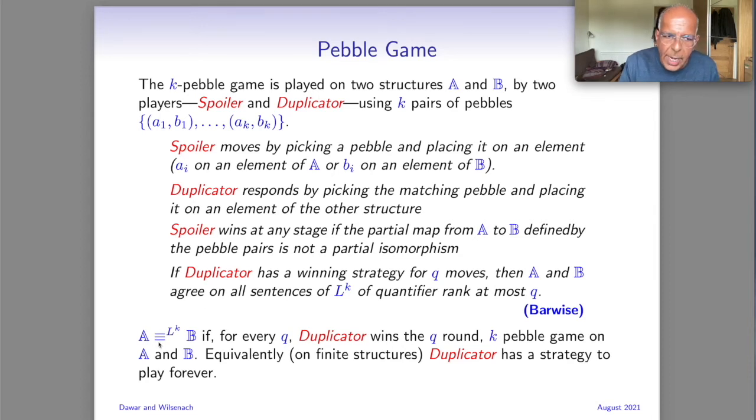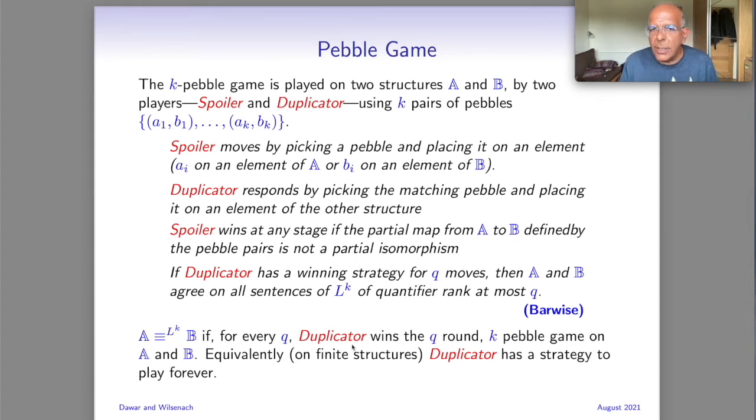And so A and B are not distinguished by any sentence of LK if duplicator has a winning strategy for every Q, which on finite structures is the same as saying that duplicator has a strategy to play forever, right? This is because if duplicator has a winning strategy for every finite Q, then you can pick a value of Q which is bigger than the larger of the two structures raised to the power K, which means that duplicator has a winning strategy which forces a repeat of the game position, and which is sufficient for duplicator to have a strategy to play forever.